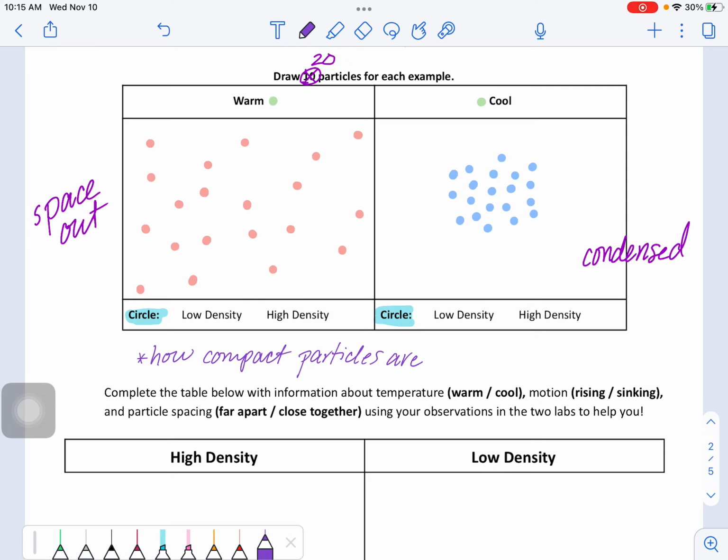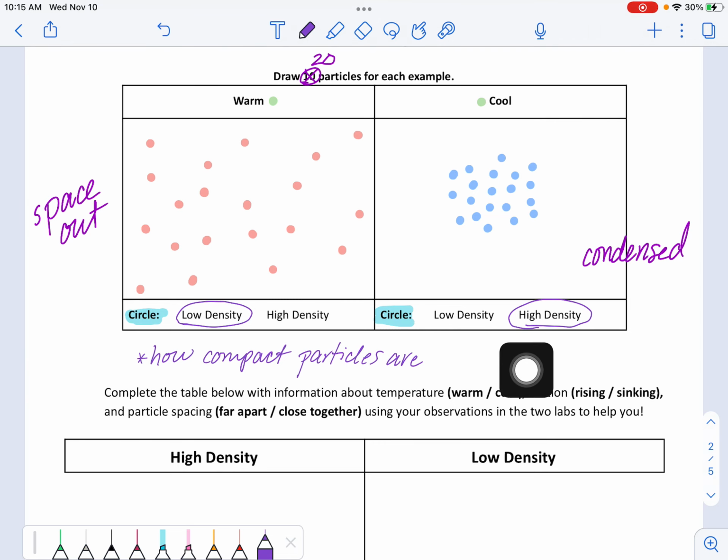So here, in our warm scenario where they're more spaced out, this is what we call a low density composition. The particles are more spaced out, less dense, whereas here they're more compact together. They have a higher level of compactness or a higher density.